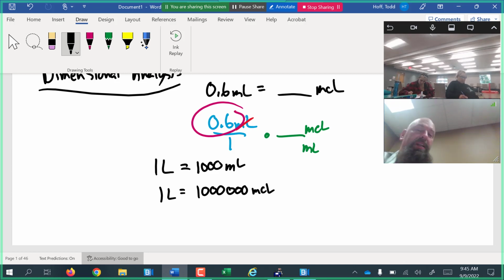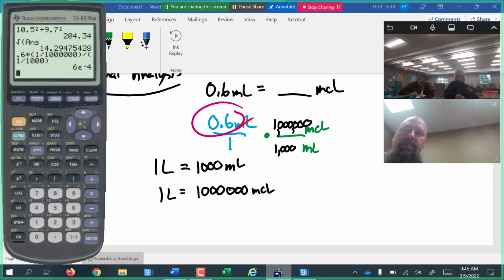So I don't have to have the fractions. I put in just the 1,000,000 for the microliters and the 1,000 for the milliliters, and I do my conversion. So I don't need the fractions. It's just the 0.6 times 1,000,000 and then divided by the 1,000. Gives me the 600.